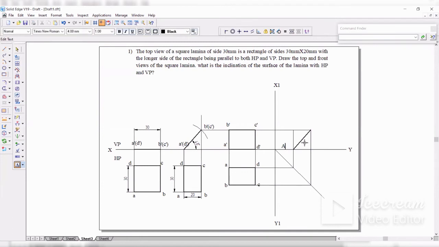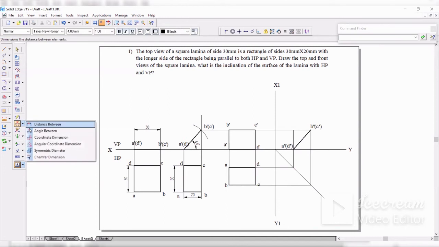So it is named as A double dash in bracket D double dash. Similarly, here this point, this is B double dash in bracket C double dash.